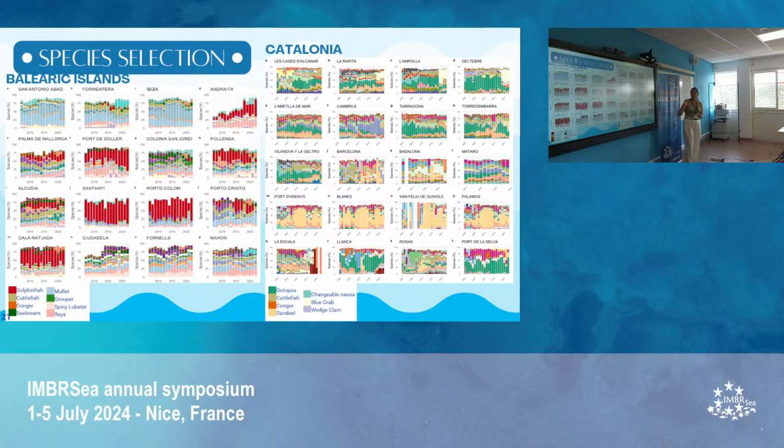Each species is assigned a color, and each plot is a separate port. Basically what I want to show with these graphs for the Balearic Islands and Catalonia is that there's a very high discrepancy between regions in the species caught. Even within regions, there is a slight variation of species. But we can go into this a little later.